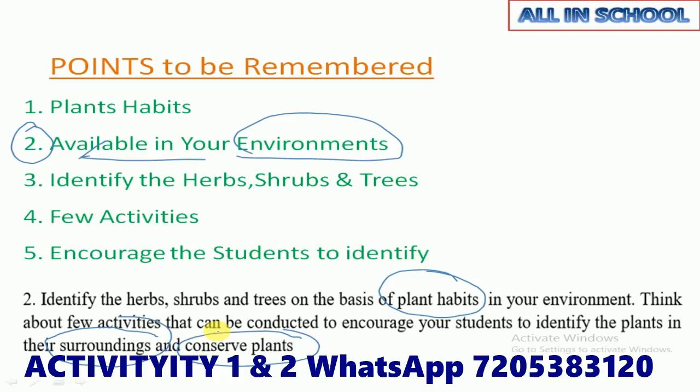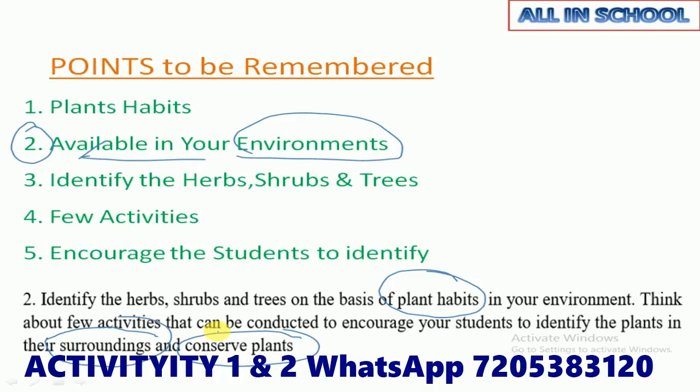You have to remember this point: which plants are available in the students' environments. By these environments, children can segregate the plants among herbs, shrubs and trees. You have to remember this when you prepare the answers of these activities.